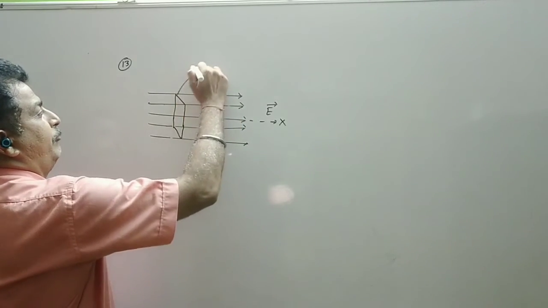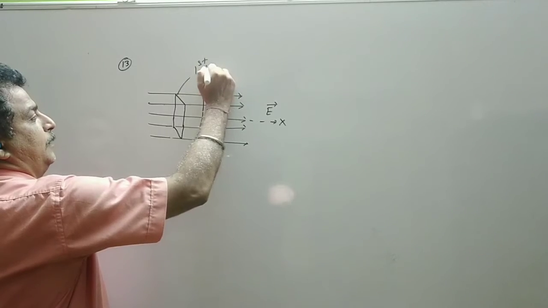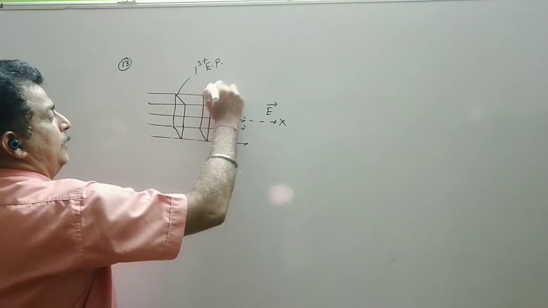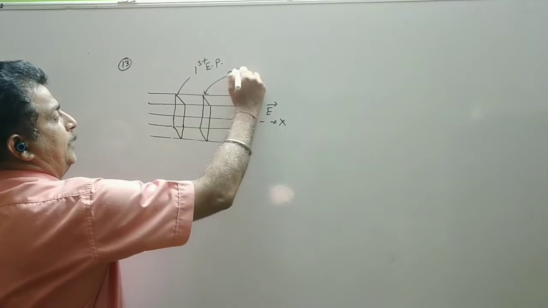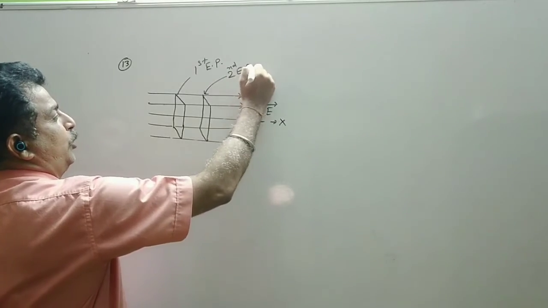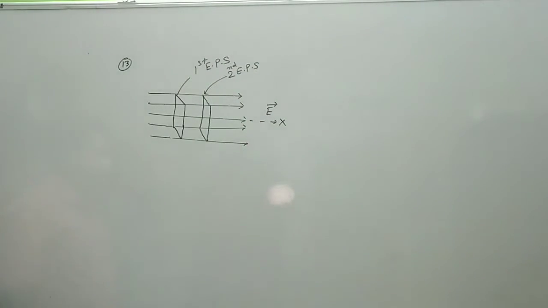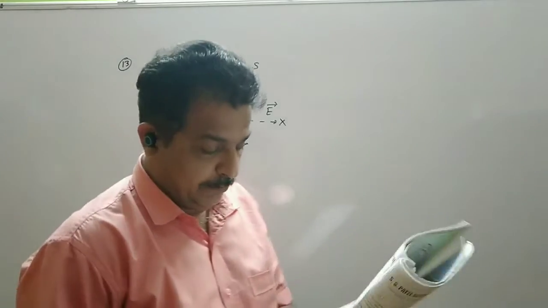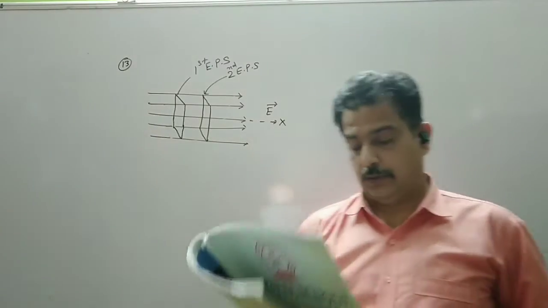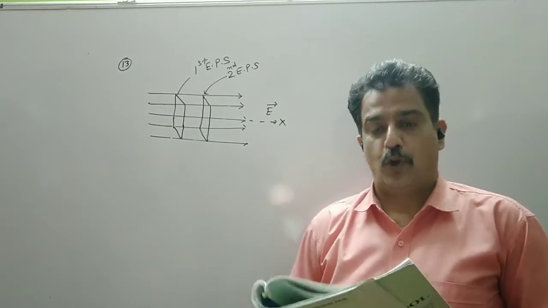So this is the first equipotential surface and this is the second equipotential surface. Now we have to eliminate the wrong options.